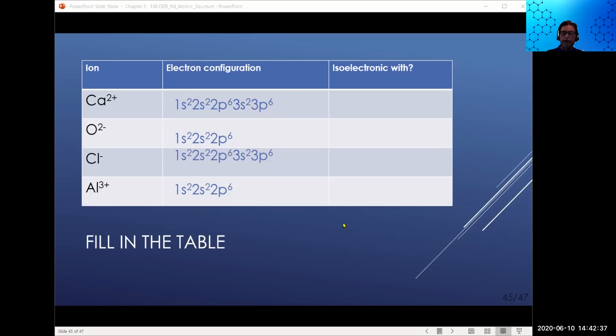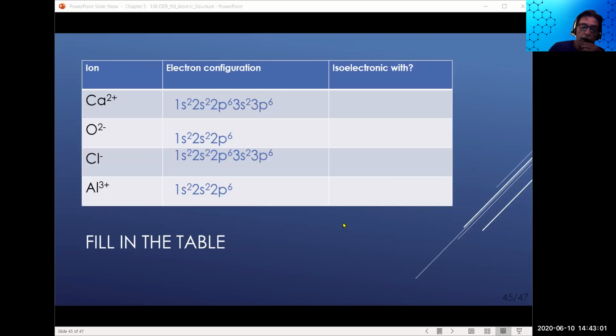Take a look at these. We got the calcium ion. Okay. Calcium is in group 2. That means that normally calcium element would have had 4s2 at the end, but it's a metal, so it loses 2 electrons. So now its new configuration is 1s2, 2s2, 2p6, 3s2, 3p6.